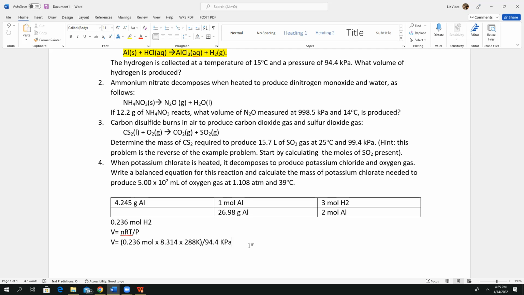Okay, so that's going to be 8.314 times the temperature, which is 287 this time, right? Divided by your pressure, 998.5 kilopascals. Okay, I'll see what I get on that one.